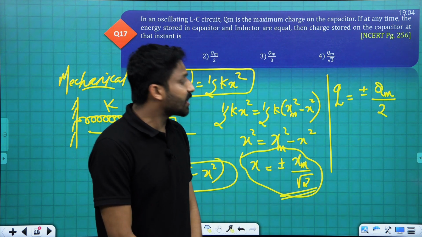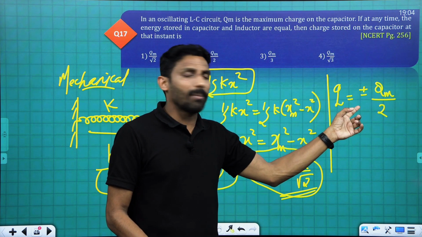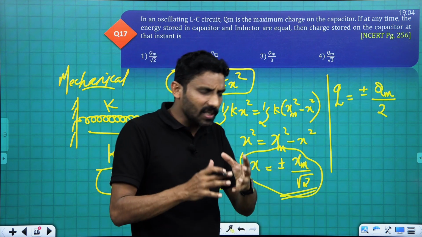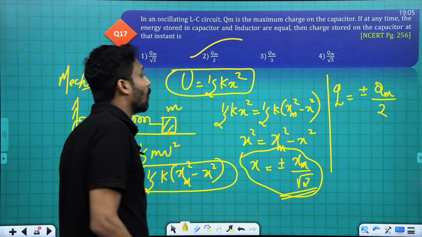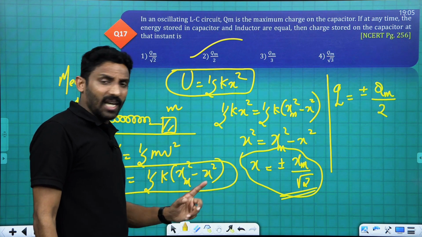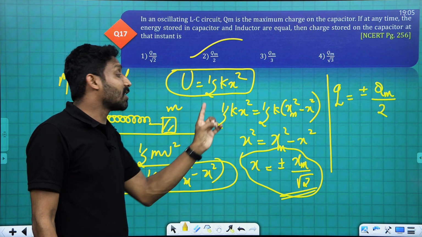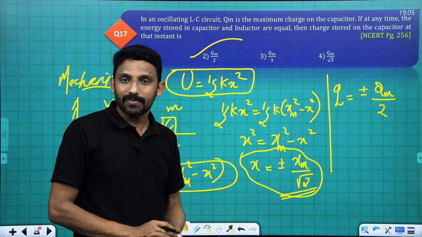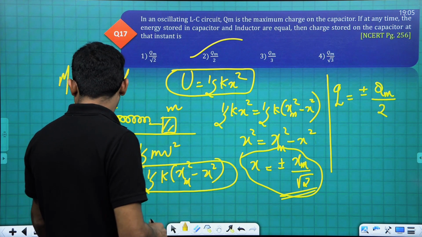When this is the charge on the capacitor, the energy stored by the capacitor and by the inductor will be the same. So the answer is Qm by root 2. This is just a comparison and easily done. Otherwise we can write the formulas for the energy of the capacitor and the energy of the inductor and equate them. Then also we get the same answer. So this comparison is very useful. Clear?